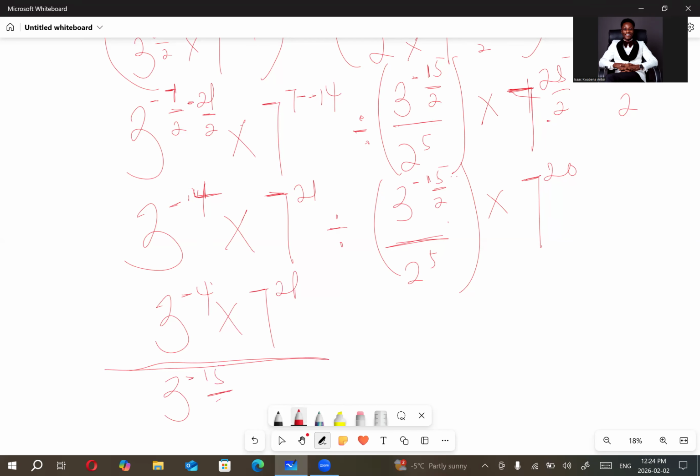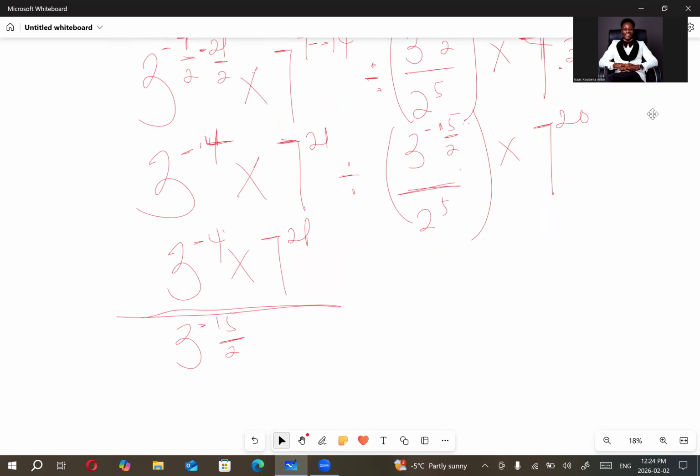I'm rewriting it this way to have a perfect view of that. 3 exponent negative 15 over 2 on 2 exponent 5 times 7 exponent 20.